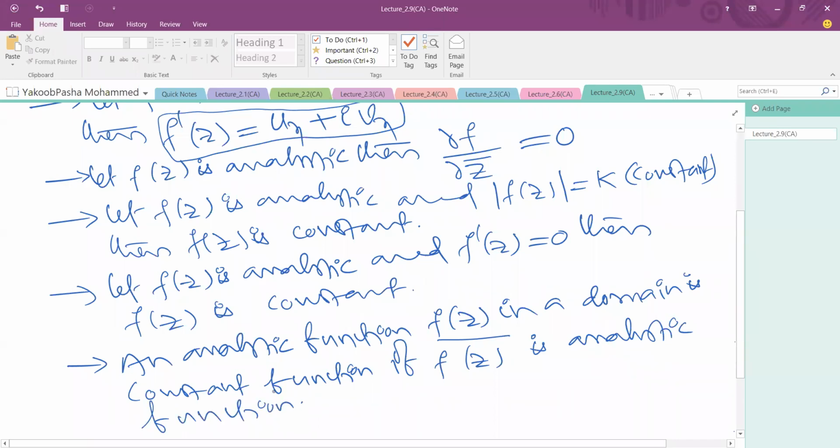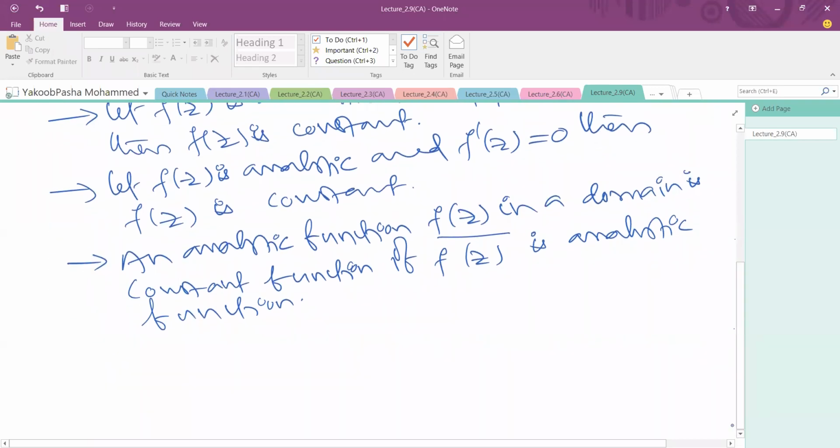If a function is analytic, that means it is differentiable. Whenever f of z is differentiable, then f dash of z is also differentiable, f double dash of z is also differentiable, and so on. All orders of derivatives are also differentiable. That means all the ordered derivatives are also analytic functions.